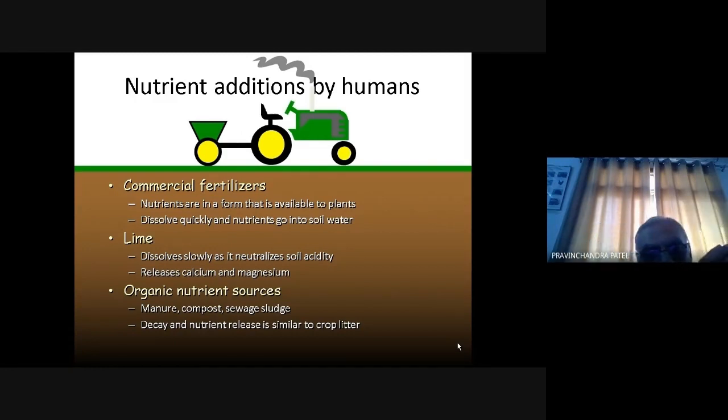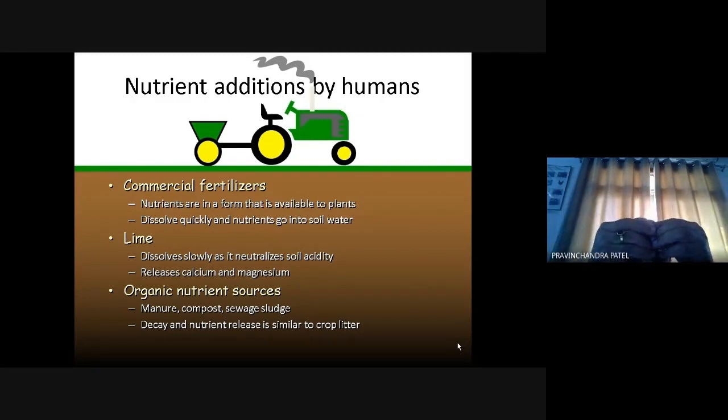Lime dissolves slowly as it neutralizes soil acidity. You know that when we have acid soil, then you have to add lime, CaCO3. It releases calcium and magnesium because it is calcium carbonate or magnesium carbonate. Then organic nutrient sources. So manure, compost, sewage sludge are the organic nutrients.